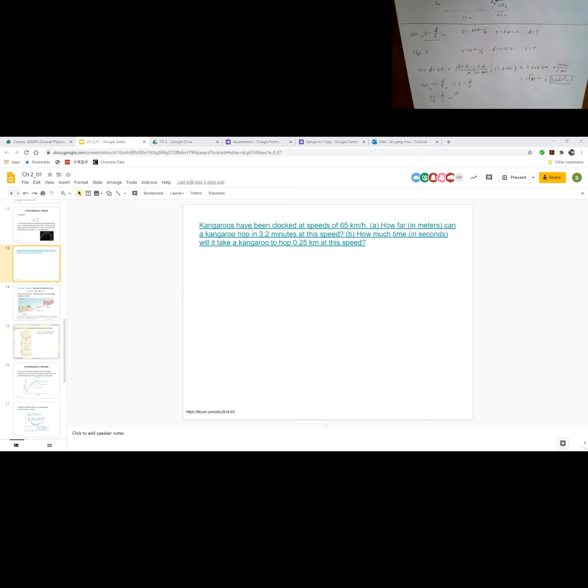All right, now in this case, D is given, 0.25 kilometers, and V is 65 kilometers per hour. Then this will give you the time in hours because kilometers will be canceled out.